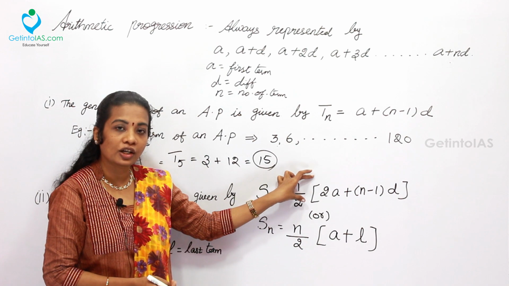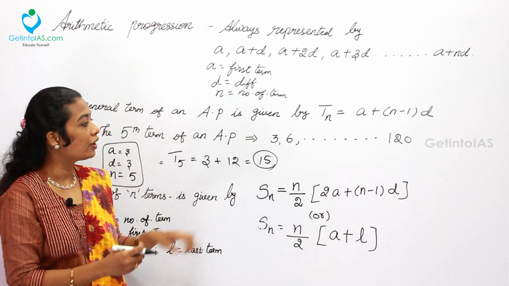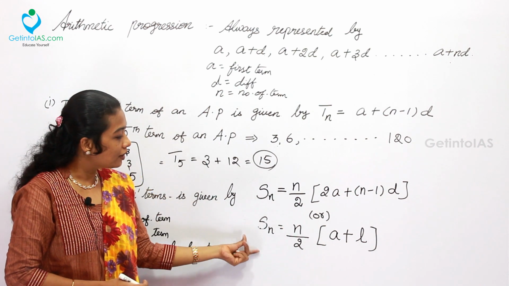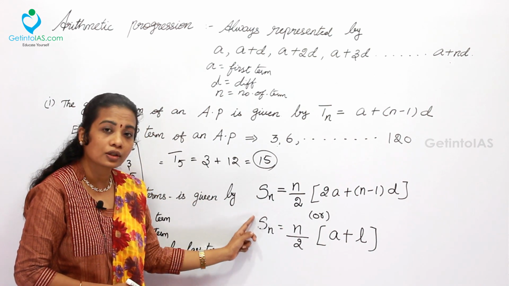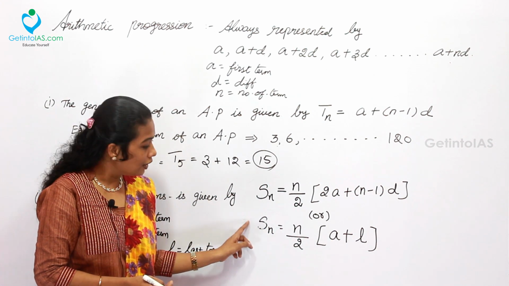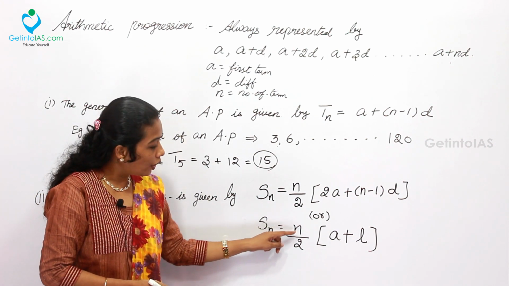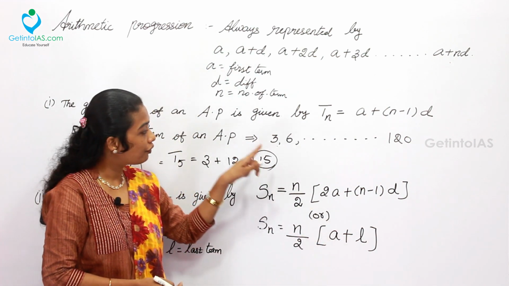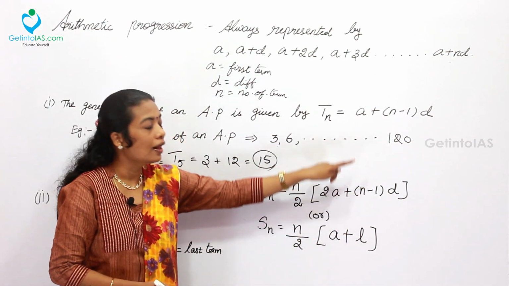This is one of the formulas to use when the last term is unknown. Here the last term is given, so this formula is not required; the simpler formula is the alternate. The second formula states that summation of n is equal to n by 2 into a plus l, where A is the first term and L is the last term.